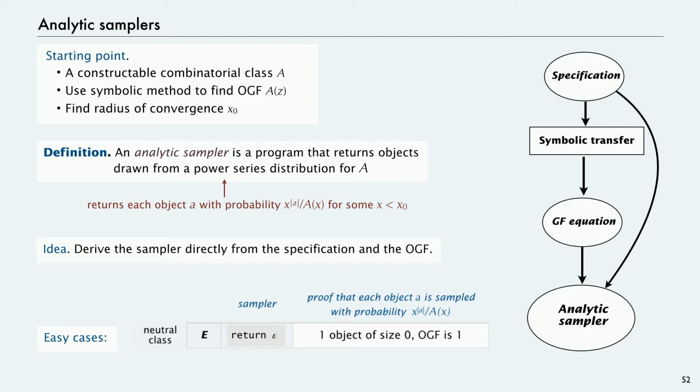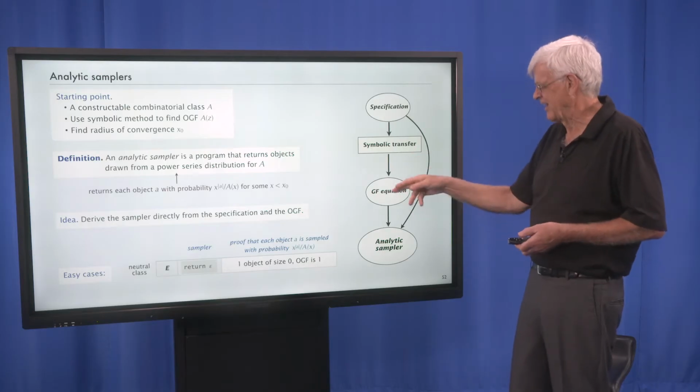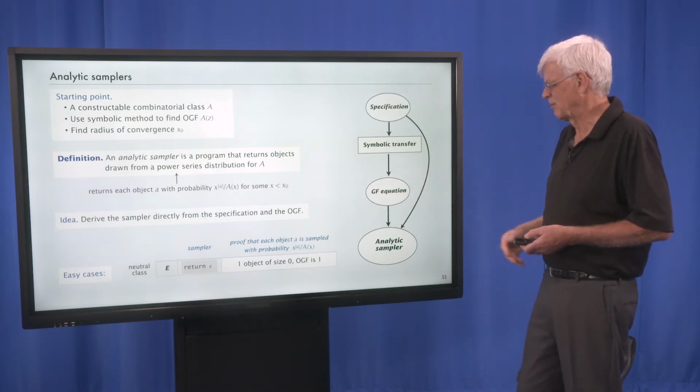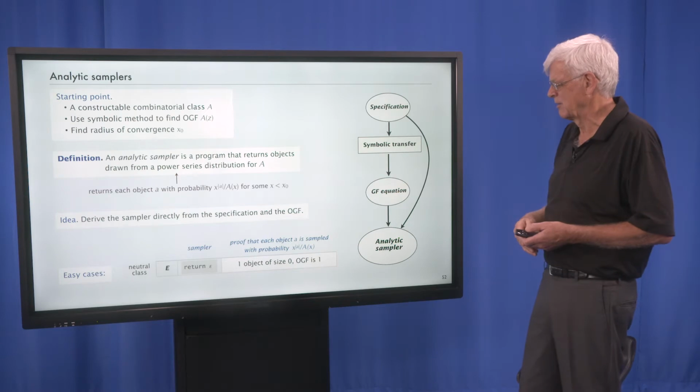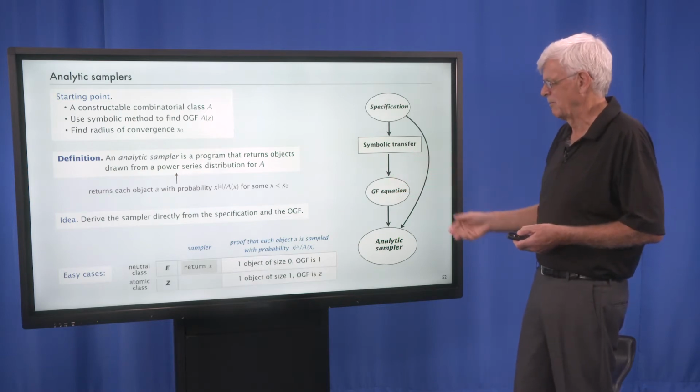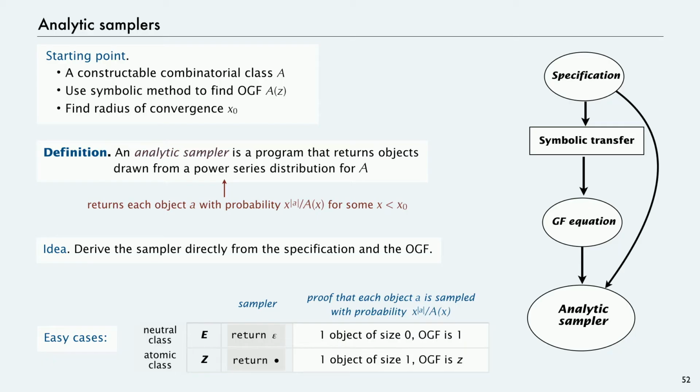And the OGF is 1, so x to the 0 over 1 is 1, so that's the proof that we have the proper probability. We return the empty thing with probability 1. And similarly, for the atomic class, there's one object of size 1, the OGF is z. The probability that that object is sampled is x to the 1 over x, which is 1. Again, that's an easy case.